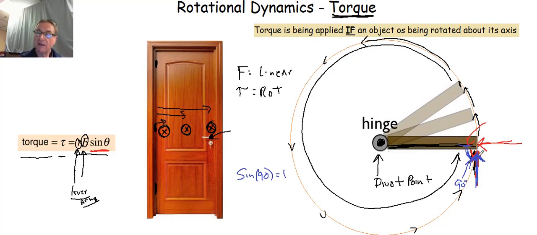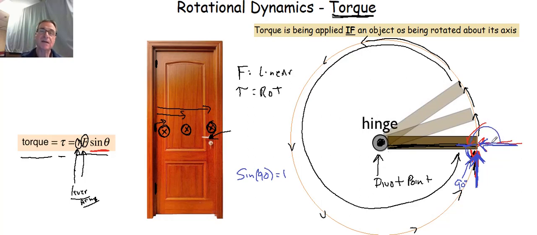And that's the greatest value the sine function can ever have, is 1. So I'm going to have the maximum effect, from a torque perspective, if I push on the door in a perpendicular fashion to this lever arm here. Now let's say I pushed on it like this. Well, what angle is that? That angle is 180 degrees.